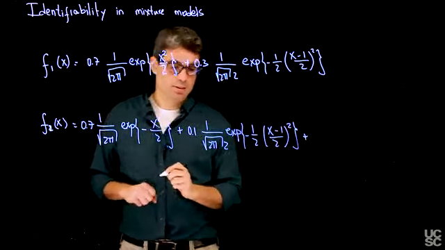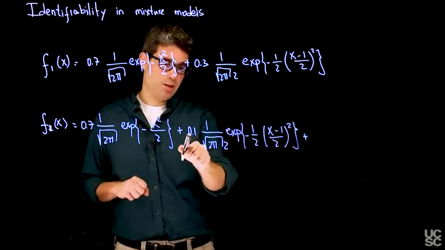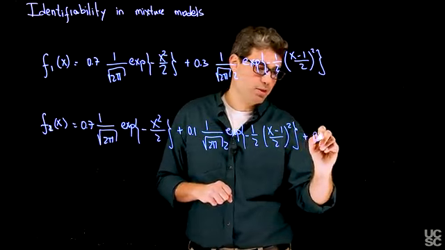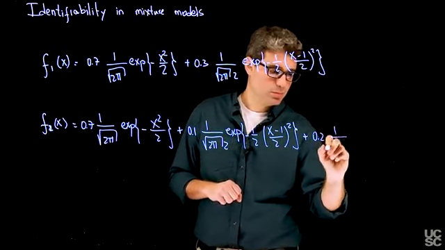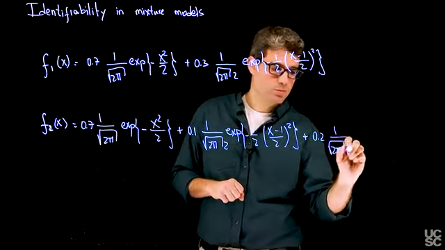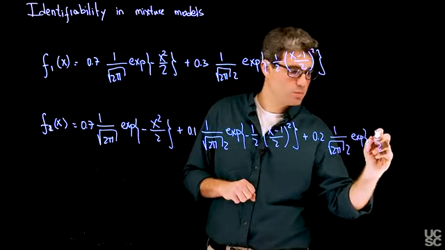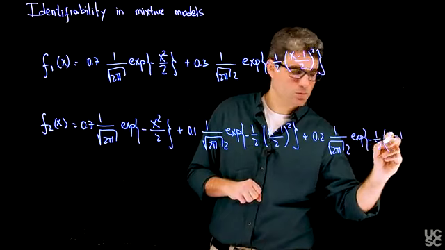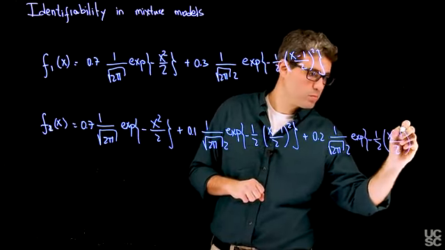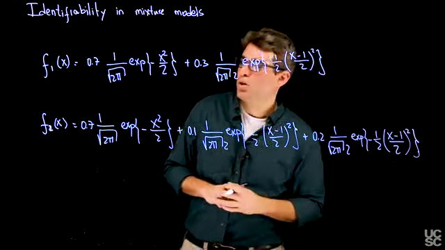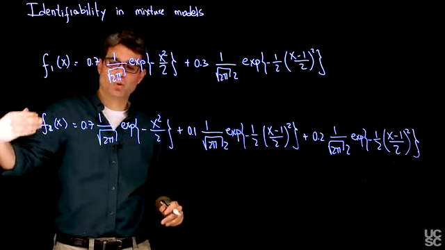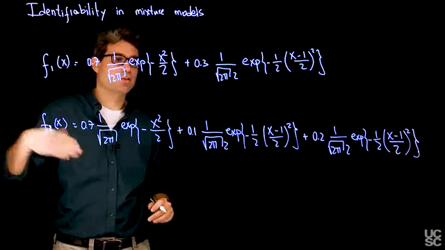And then a third component with the same parameters but the leftover weight. So clearly, this is a mixture of one component. This is a mixture of three components.